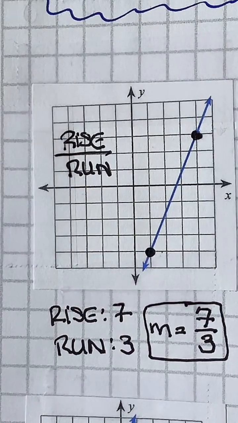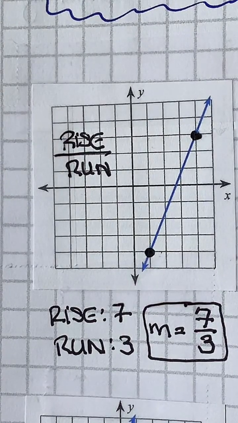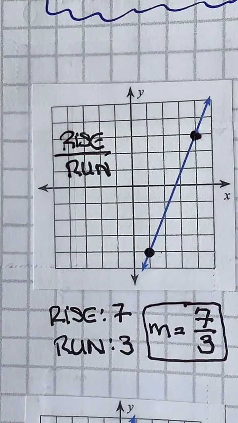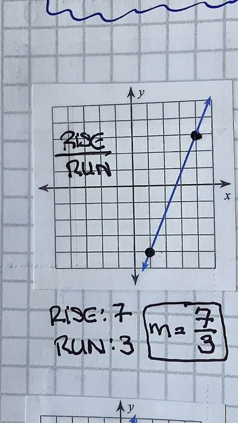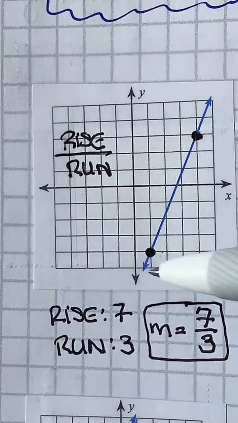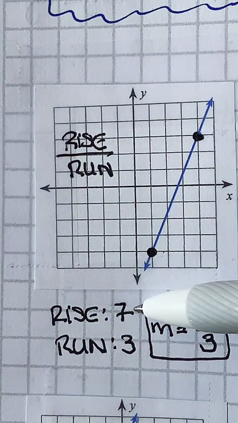We want to keep that slope as a fraction. Basically, slope is the change of your y's over the change of your x's. The y's always go in the numerator. So if I had this on a test and they say, match the slope of this line, I'm going to work on my rise first.